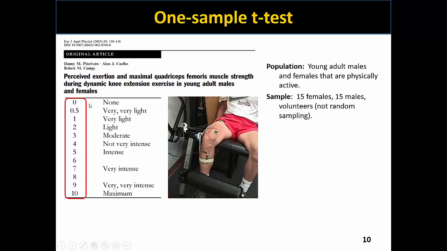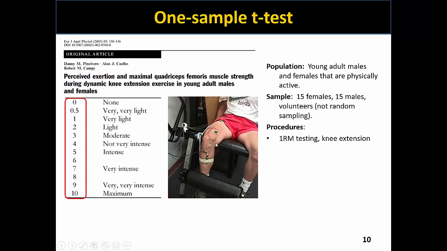So here we see a scale that has both numerical and verbal descriptors, where a perceived level of exertion of 0 represented no muscle contraction. A value of 1 represented the person's perception that their muscle was contracting very light. Number 5 was intense. Number 7, very intense, and so on and so forth, and they would rate a 10 as the maximum level of effort that they were exerting when lifting various levels of weights.